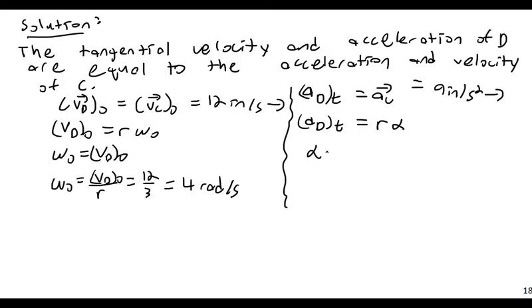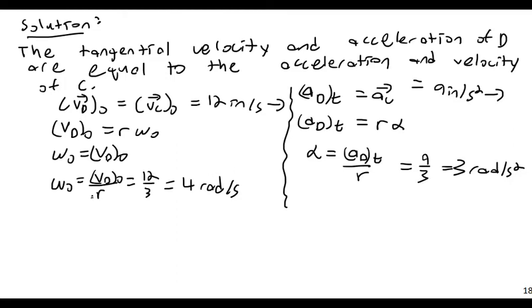So alpha equals AD over R, which is 9 over 3, which equals 3 radians per second squared. The reason I'm using this at time t is because the acceleration is going to be constant. It's the velocity that will not be constant. That's why I'm looking initially at the naught condition here.